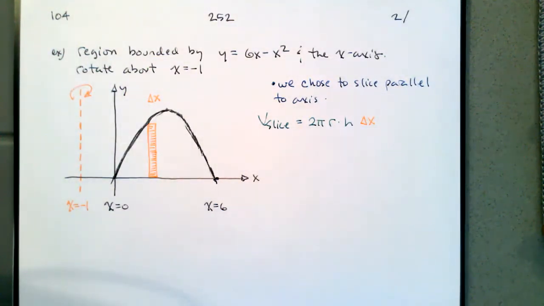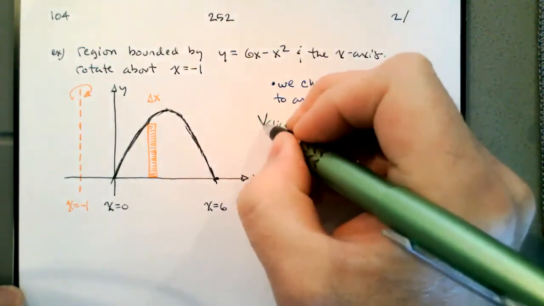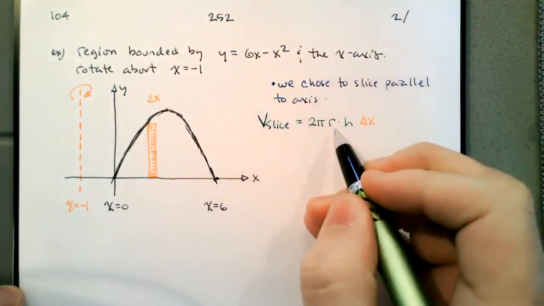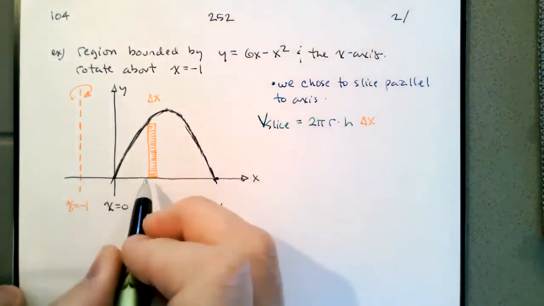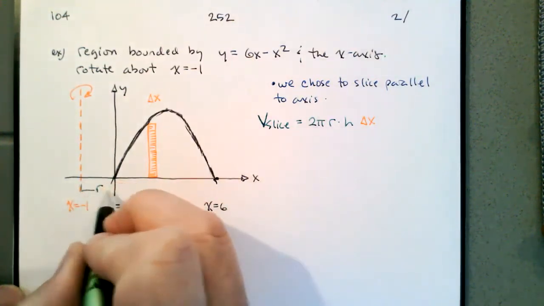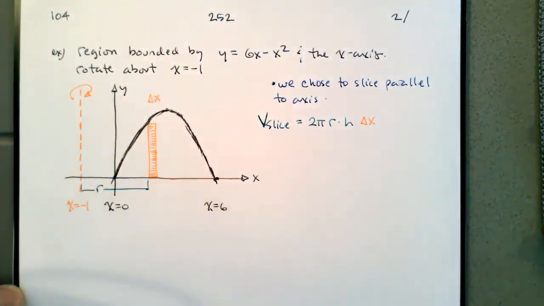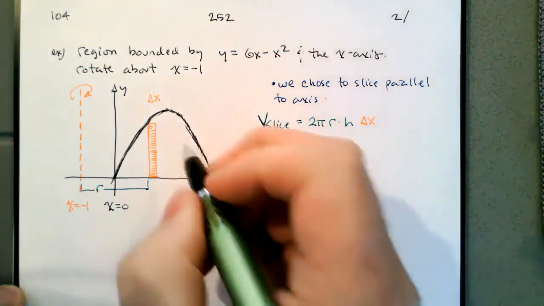Now all we have to do is go in and label the radius and label the height, then label x and y, and then write our definite integral. So we'll label the radius. The radius is always measured from the axis of rotation to the slice. And the height is always perpendicular to the radius.